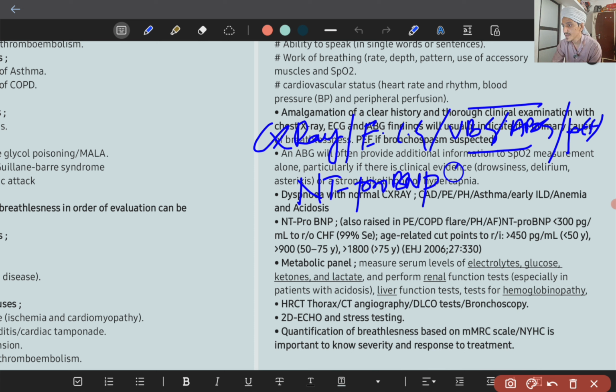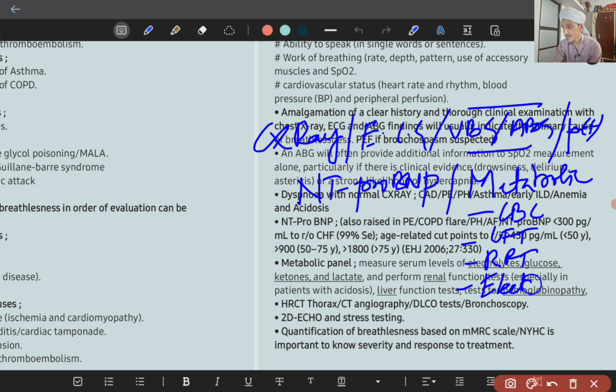Along with that, basic metabolic panel which includes CBC, LFT, RFT, electrolytes with calcium, bicarbonate levels, also magnesium.